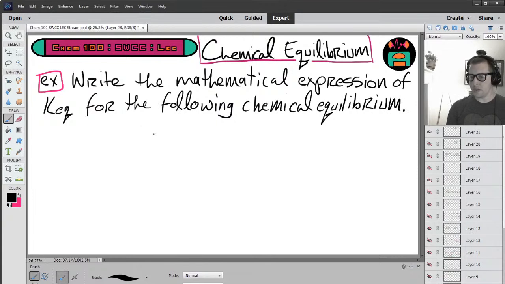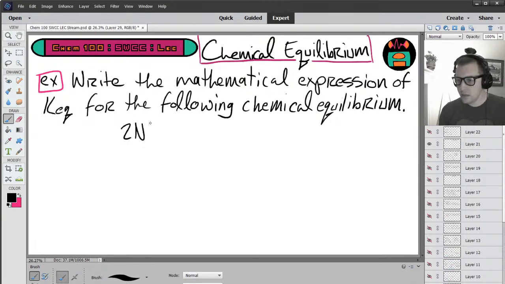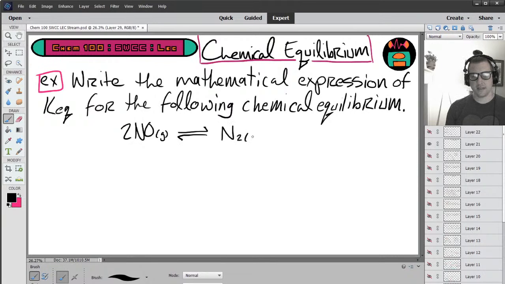And the equilibrium in question is two moles of NO gas decomposing reversibly into nitrogen gas and oxygen gas.